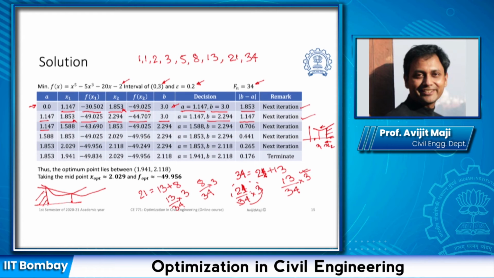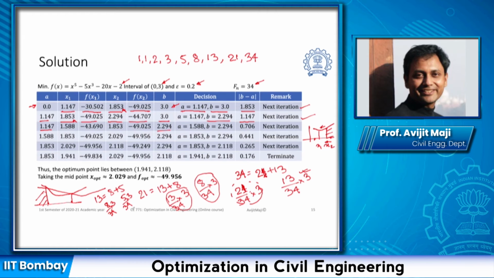We set the boundary, and then the new point, where we have already eliminated this portion, is going to be represented by this portion, which again can be represented by 13 is equal to 8 plus 5, which can be represented by 8 by 34 times 3 and 5 by 34 times 3.